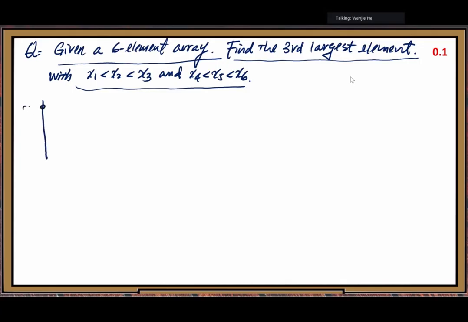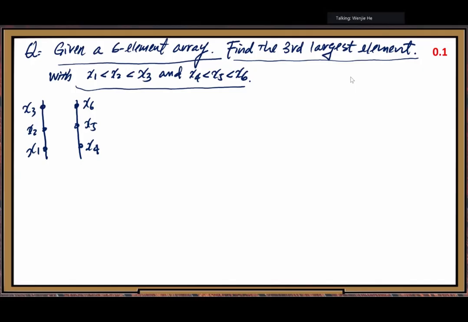Here I draw a diagram: the first ordered chain, then the second ordered chain. It's a typical merge situation, right?